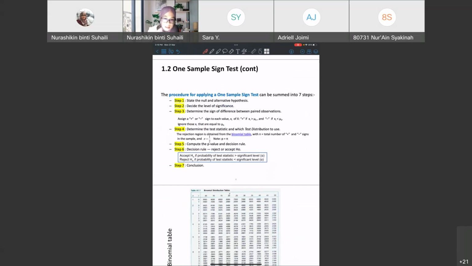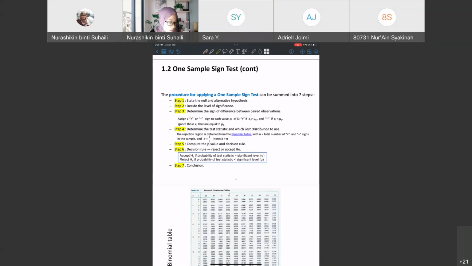This is the part you need to understand. You don't have to memorize it; if you practice and understand, you will know what to do. So basically, what are the similarities of all the tests that you will cover after this?